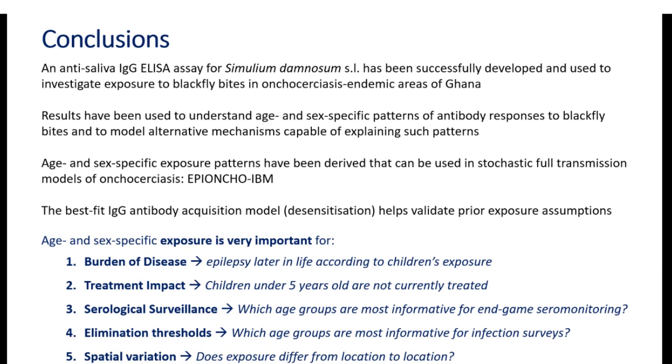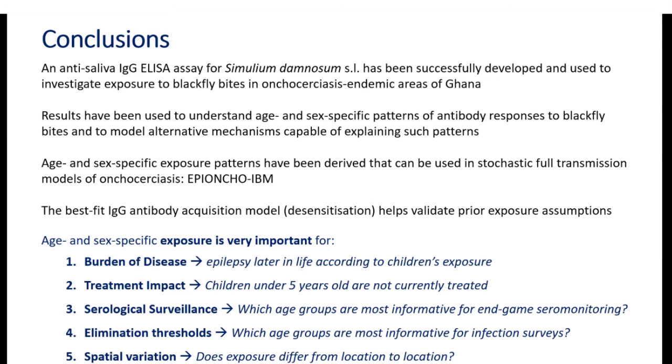It also has implications for serological monitoring. What age groups are the most informative for serological monitoring? Again, depending on exposure patterns, we will be able to better tailor serological monitoring. It also has implications on surveys for elimination. And finally, this has been done in Ghana.